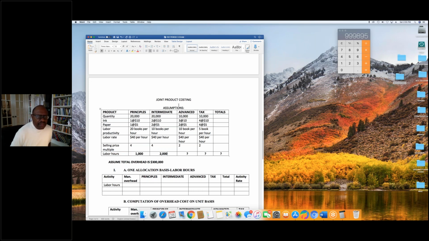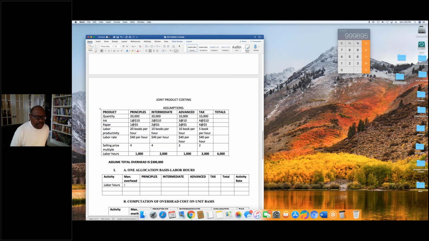Advanced, we're making 10,000 books, it's 10 books per hour, so 1,000 becomes the total hours required. And for the Tax book, we only make 5 books per hour. We're making 10,000, so it's going to take 2,000 hours. And when we add all of these up, we get 6,000 hours. So our total hours is 6,000.